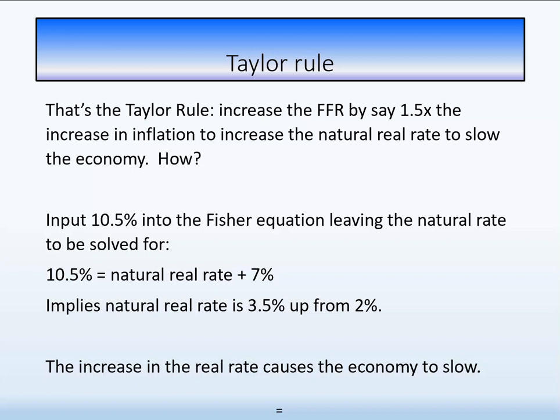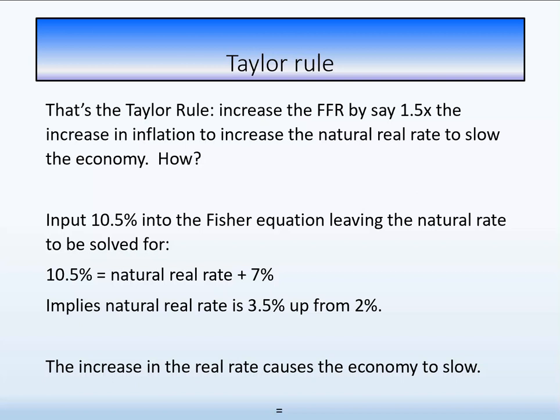Well, there's an increase in the target Fed funds rate because there's an increase in the natural real rate of interest. Most economists believe that in order to slow the economy, the real interest rate has to increase. And so when you increase the Fed funds rate by more than the inflation rate, say by 1.5 times, then what you have is an increase in the natural rate.